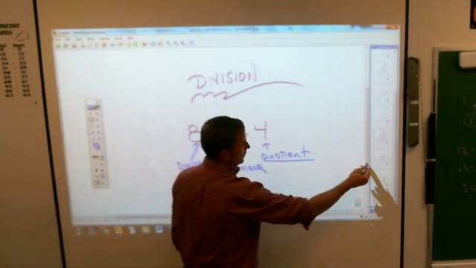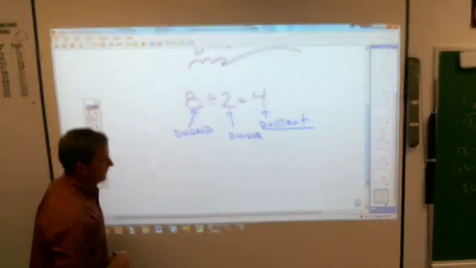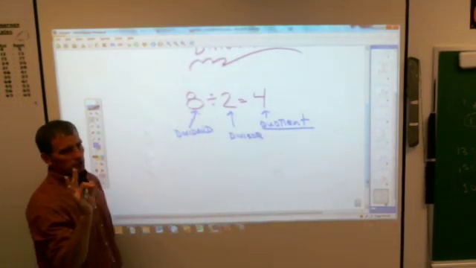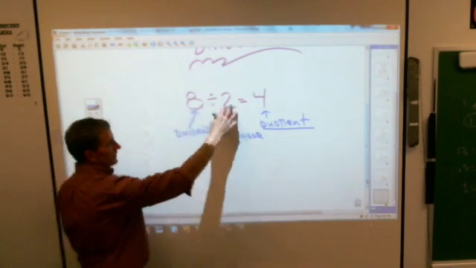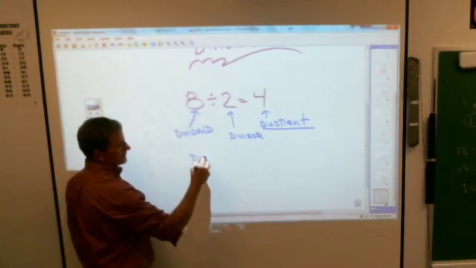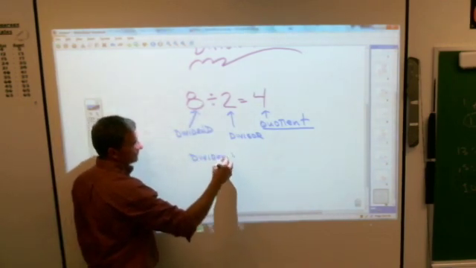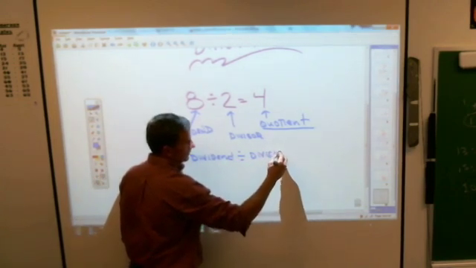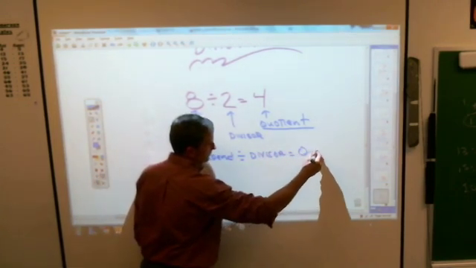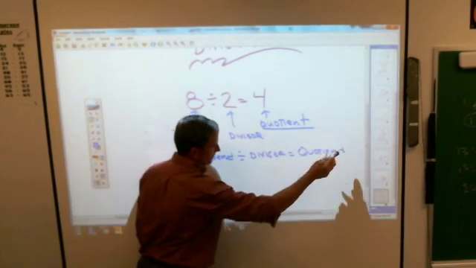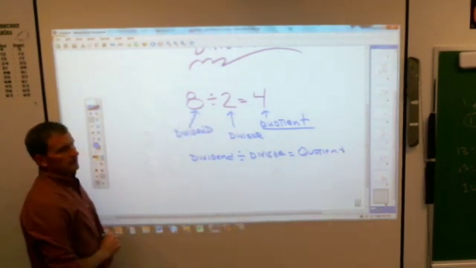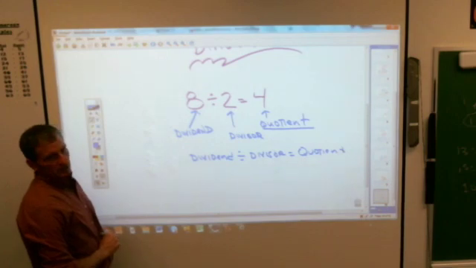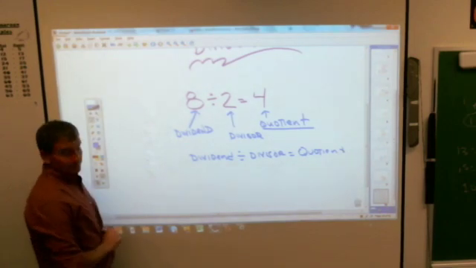Now, the book, in order to help you out, does a little bit of this, because there are 3 different ways you can show division. One of them is like this: the dividend divided by the divisor equals the quotient. But we can also write division problems as fractions, correct?